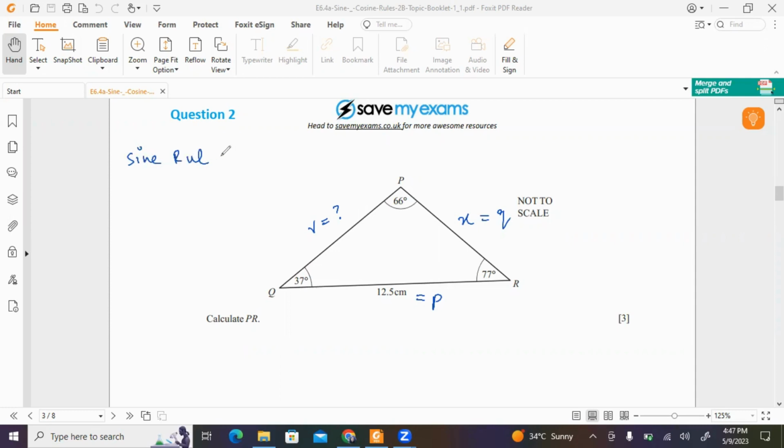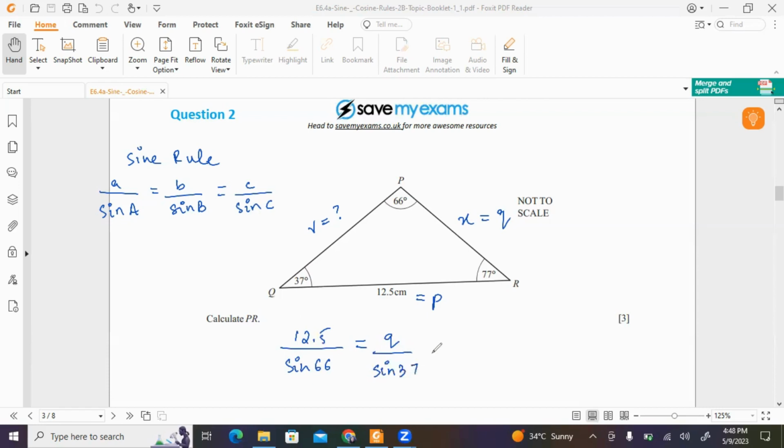If you remember, the sine rule had the formula of a over sine A equals b over sine B equals c over sine C. Since we have angle P and the length of p, we do 12.5 over sine 66 equals q over sine 37.